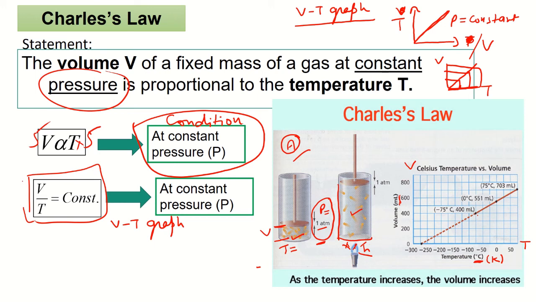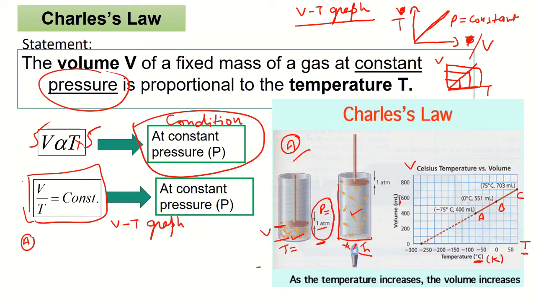I am taking this as point A, this as point B, and this as point C. Here I am writing the data for point A. What is the value of the temperature?